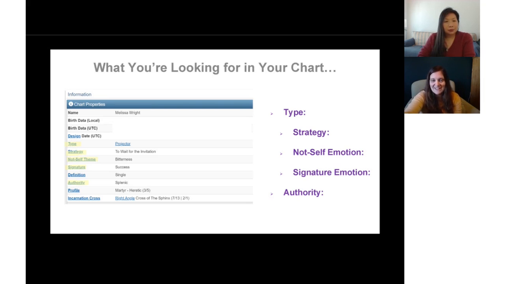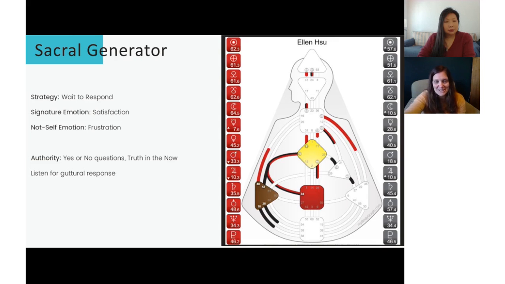Now we're going to get to your chart, Ellen. So this is your chart here, and you are a sacral generator. The strategy for a generator is to wait to respond. Basically, that means you have an aura as a generator that's open and enveloping.